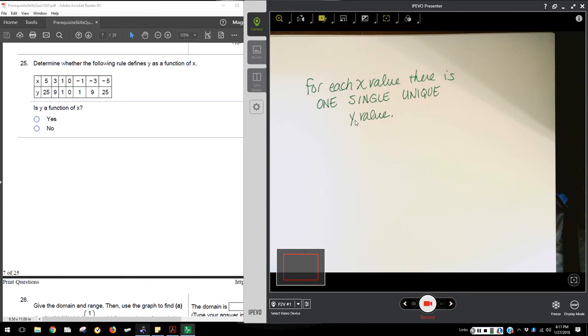It doesn't matter if y has two different x's. It only matters if x has two different y's.